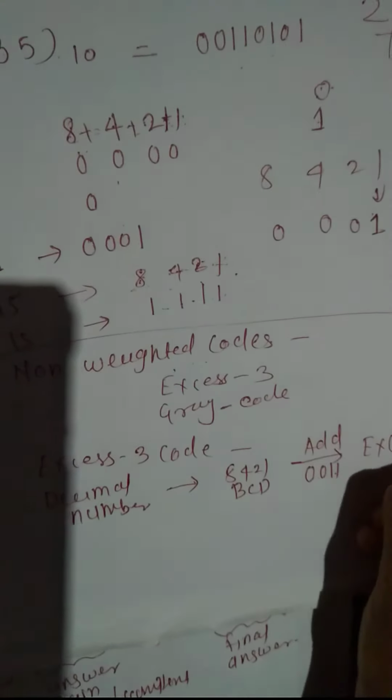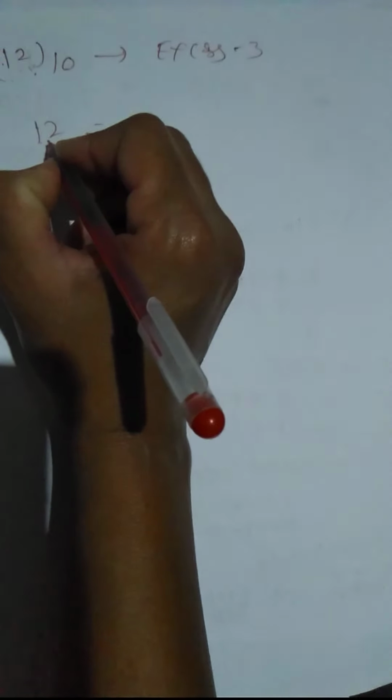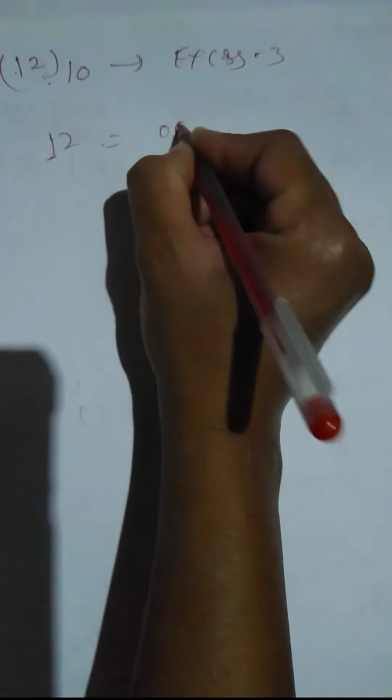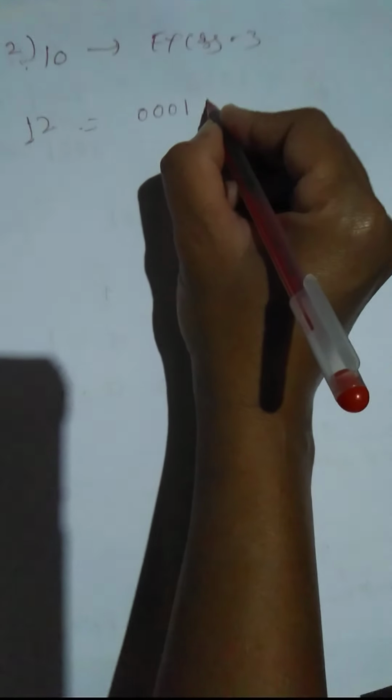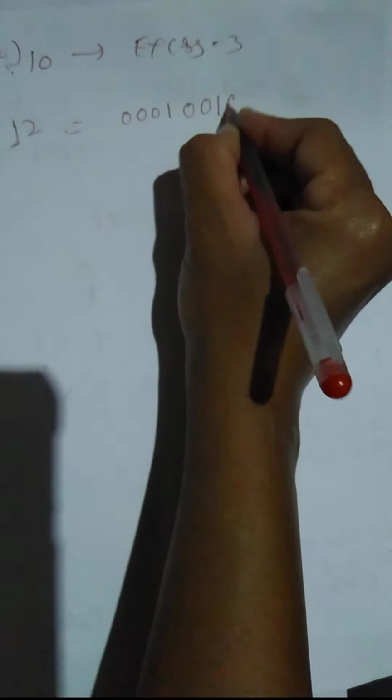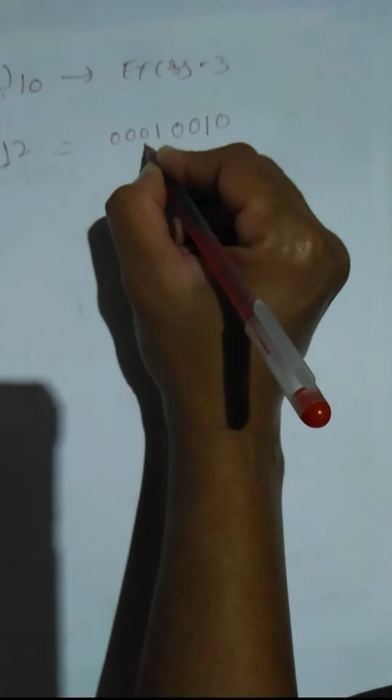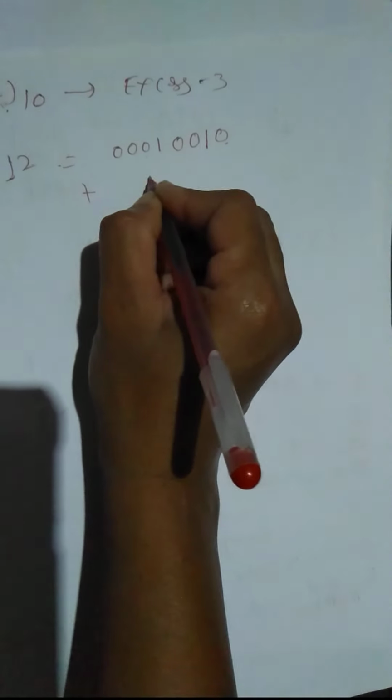For this number 12 we obtain the XS3 code. 12 is a decimal number, and we obtain its 8421 BCD. 12 is represented as packed BCD, not binary: 1 is represented as 0001 and 2 is represented as 0010. This is the 8421 BCD, and in it we add 3 to each digit.